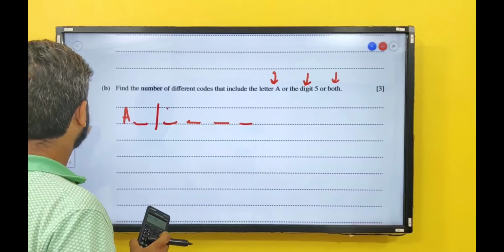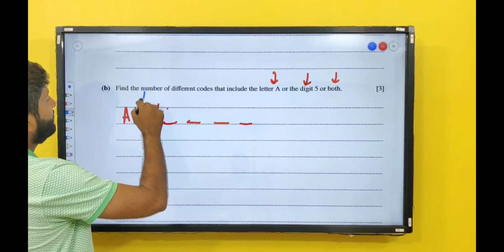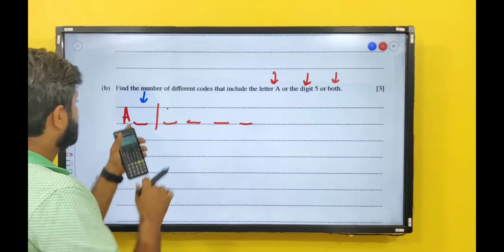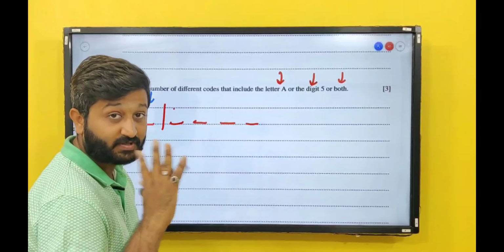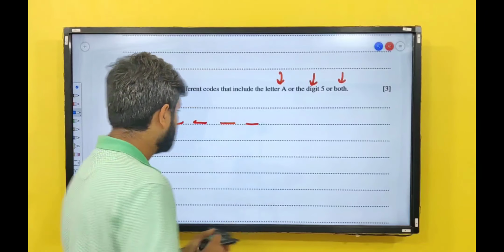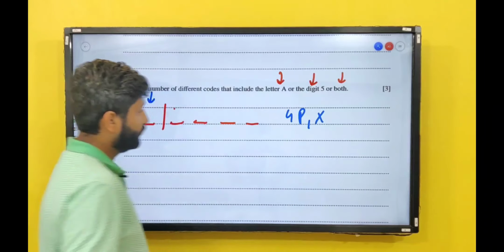I have how many options available? I have 1 option available out of 5. Right, sorry, out of 4 because I have selected 1. A is selected. So here I have 4p1 into.